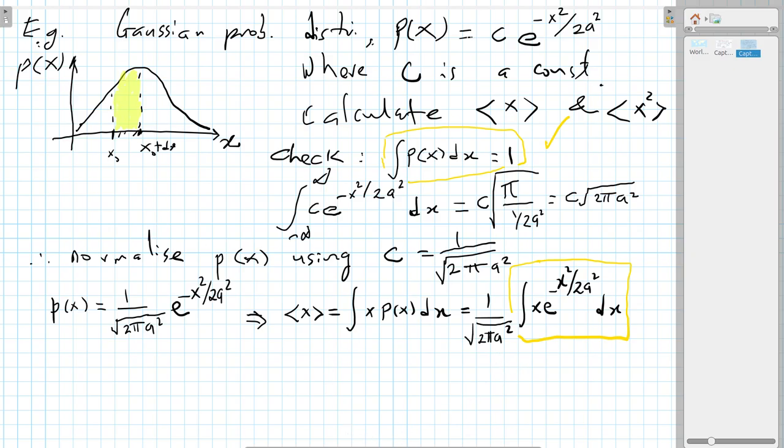So let me write the answer first, and then we're going to talk about why it is equal to 0. Actually, what's happening is that when you're doing integration, remember, integration is a continuous variable version of summation.